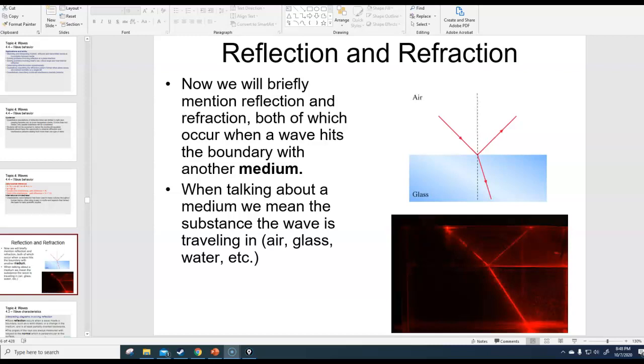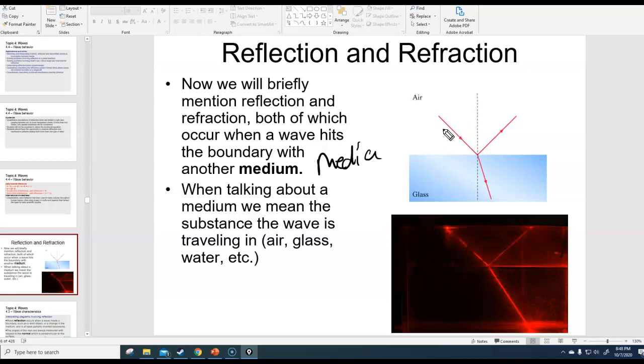And so I think we talked about media in the last unit. But a medium is basically the substance through which a wave travels. Okay, the plural of medium is media. And so here we have 2 media, air and glass.